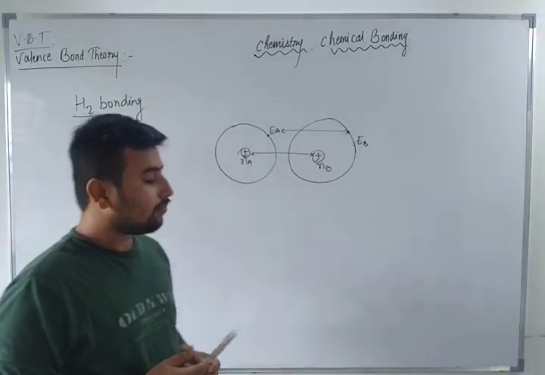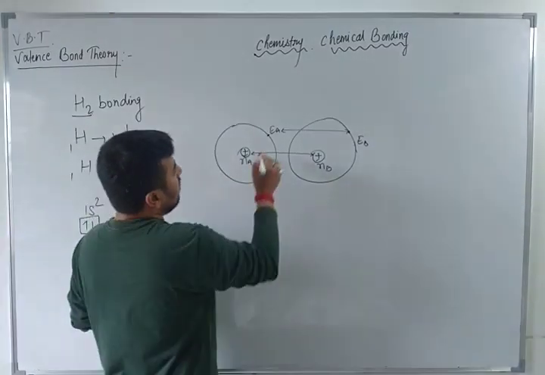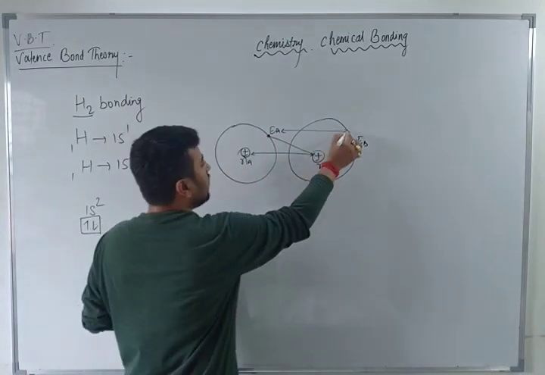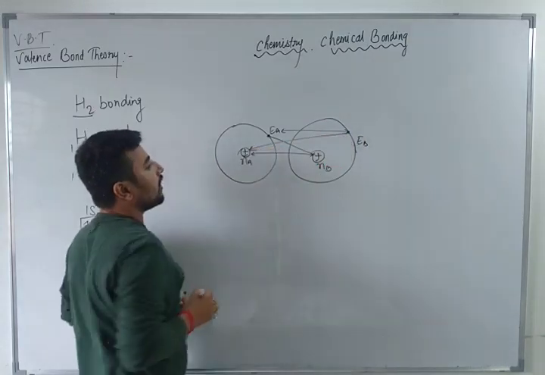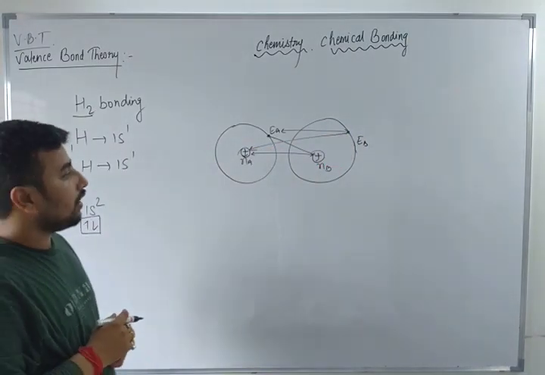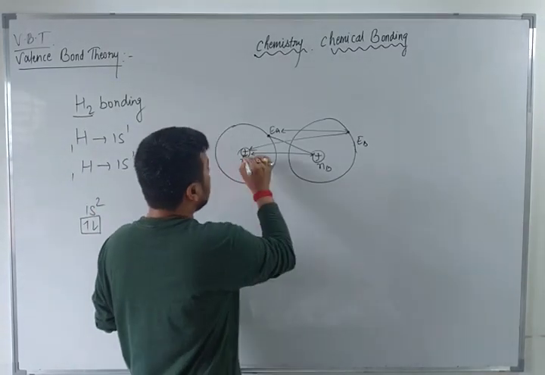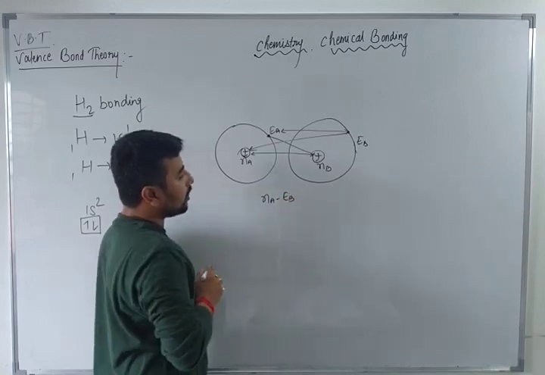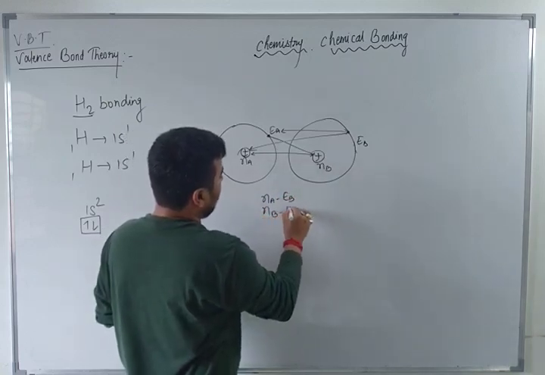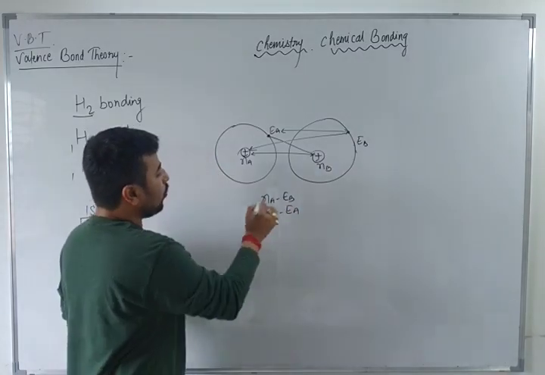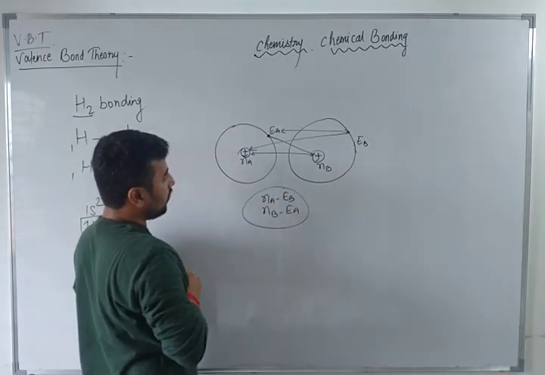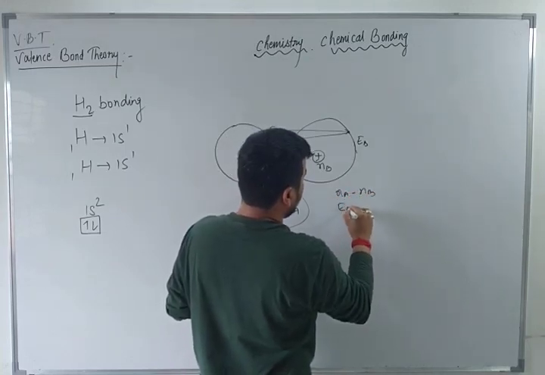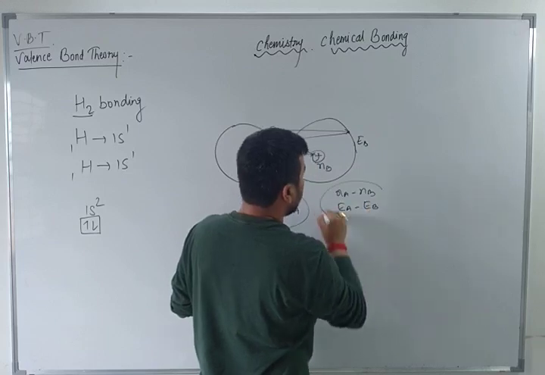First of all, between this electron and this nucleus there will be an attraction force, and between this electron and this nucleus there will be an attraction force, right? So Ea and Nb, and Eb and Na, will have nuclear attraction force. And Na and Nb, and Ea and Eb, they will have repulsive forces.